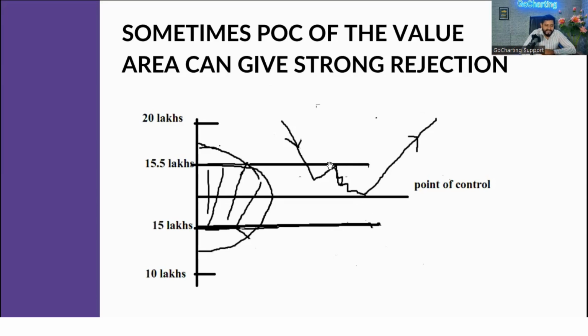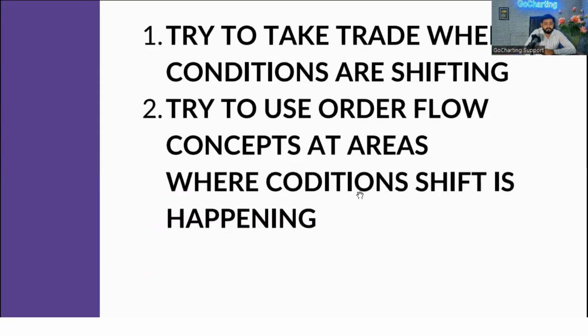So if you enter at this particular point, you are going to eat this entire move. Other people are going to enter somewhere here, here, here. But what happens if the point of control gives rejection? Their stop loss is going to hit. But for you, you are very safe. You know that this is my context: the market has come from imbalance to balance, it has given a small pullback, and if it is going down, I'm going to enter over here. So you have some cushion, right?